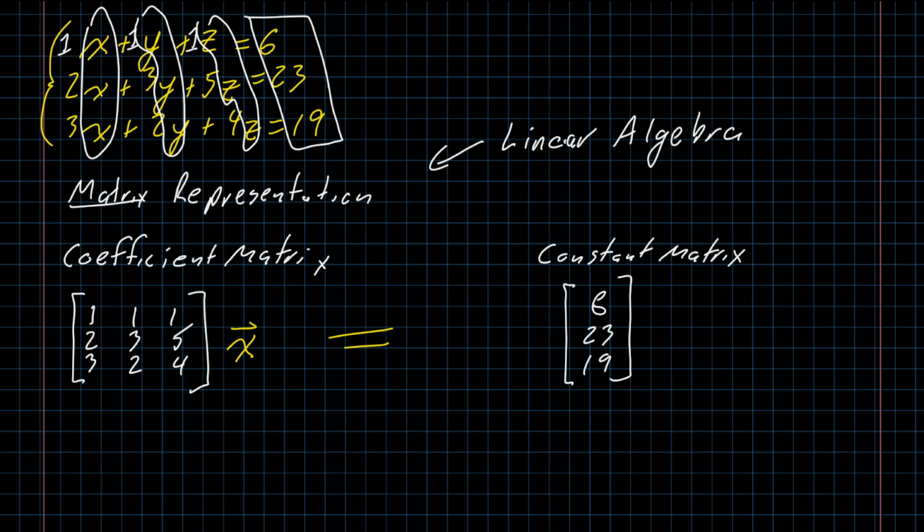But if we take the coefficient matrix and we multiply it by a bold x, we get the constant matrix. And that's the way that linear algebra understands a system of linear equations. And with just that, we are now ready to start thinking about how to tell a computer what to do with this system of equations.